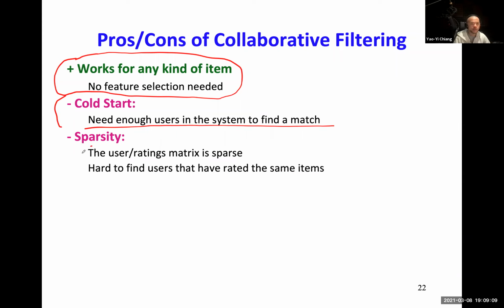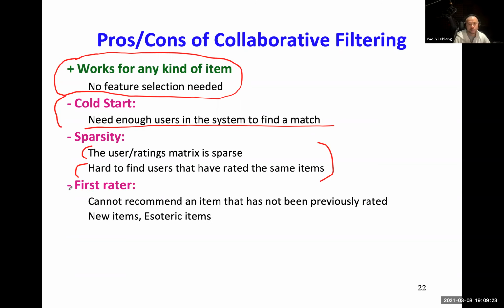Sparsity: the user rating matrix is sparse, hard to find users that have rated the same items. So if you do not have co-rated items or co-rated users, you will not be able to use either user or item-based CF approaches. First rater problem: you cannot recommend an item that has not been previously rated, right? You don't have any record for an item.